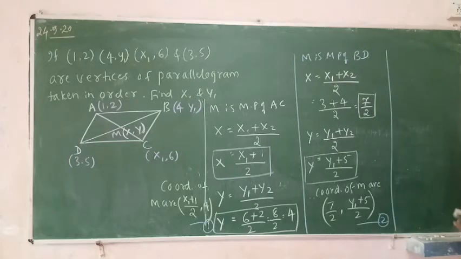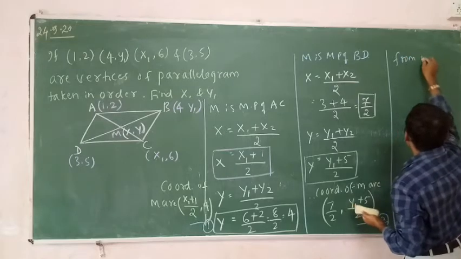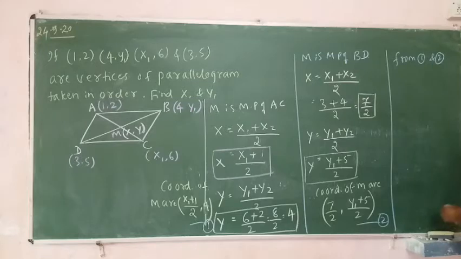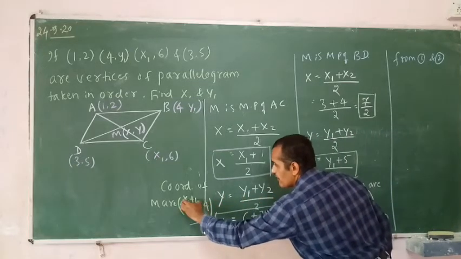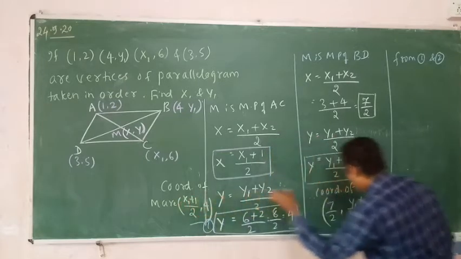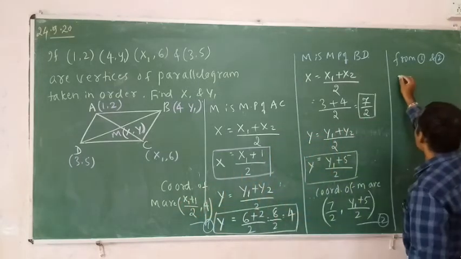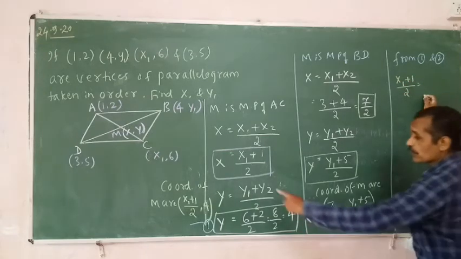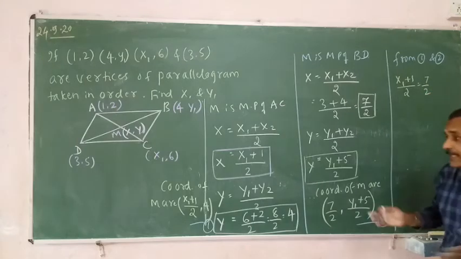From 1 and 2, I can equate the first value, which is the x value, and write (x1 + 1)/2 is equal to 7/2. Why can I equate them?